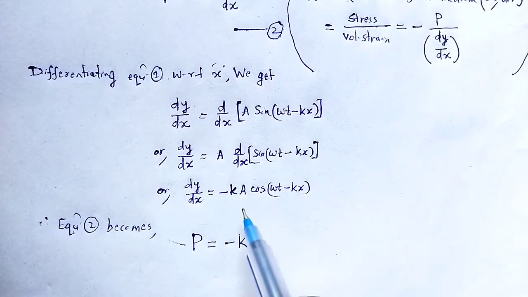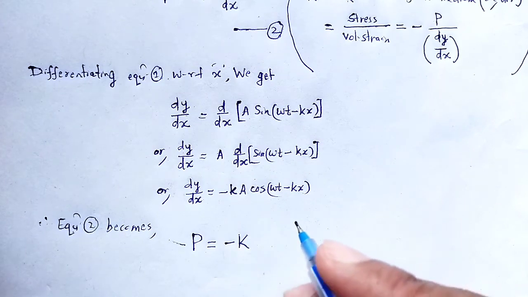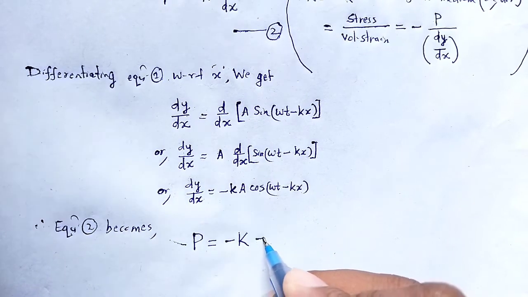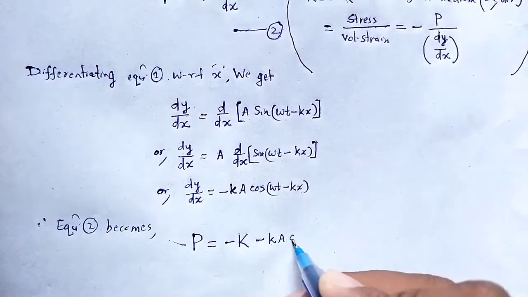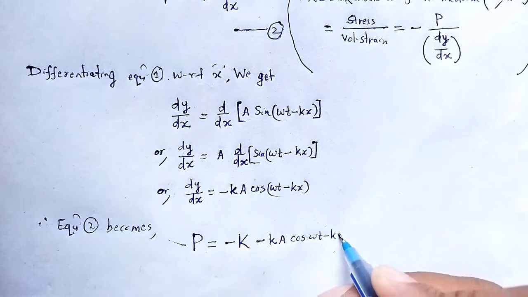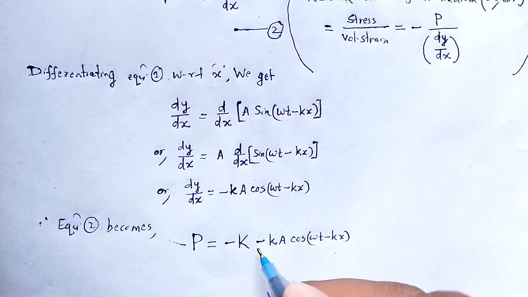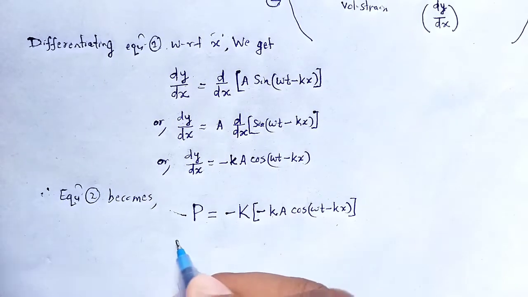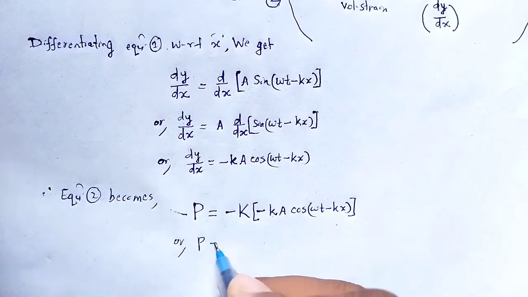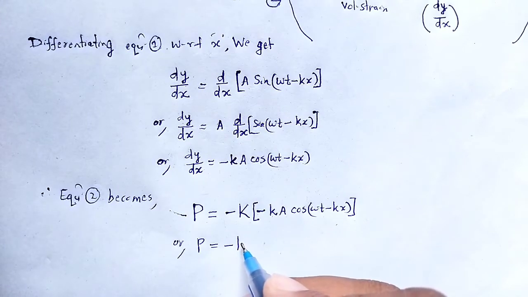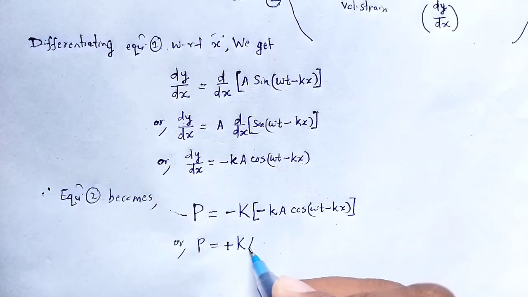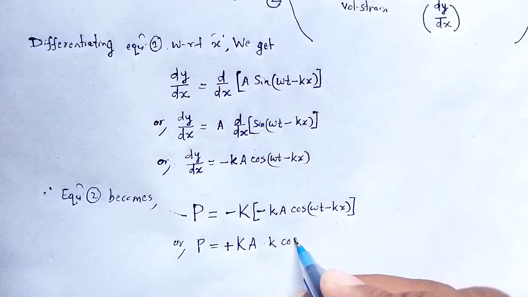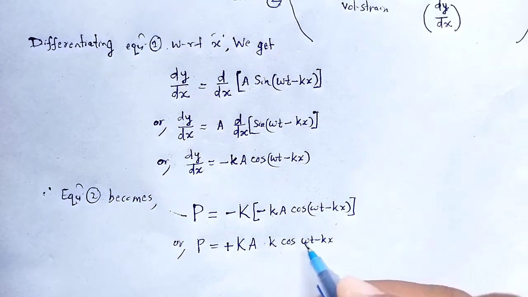So minus K, in place of dy by dx we substitute minus small k a cos(omega t minus kx), or P is equal to plus K a small k cos(omega t minus kx).